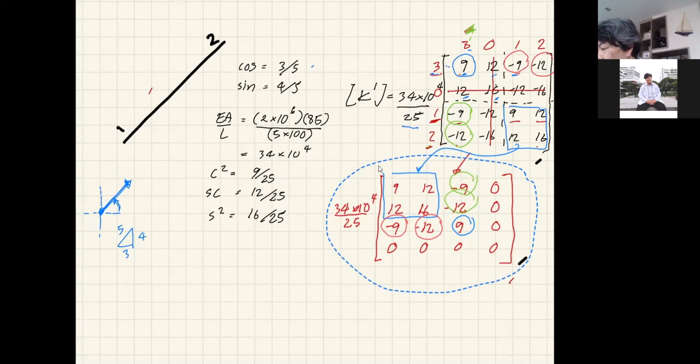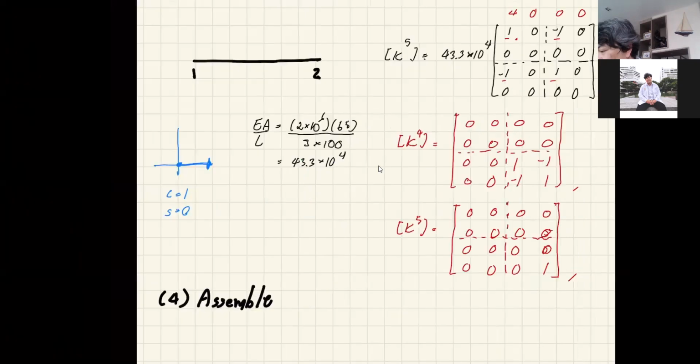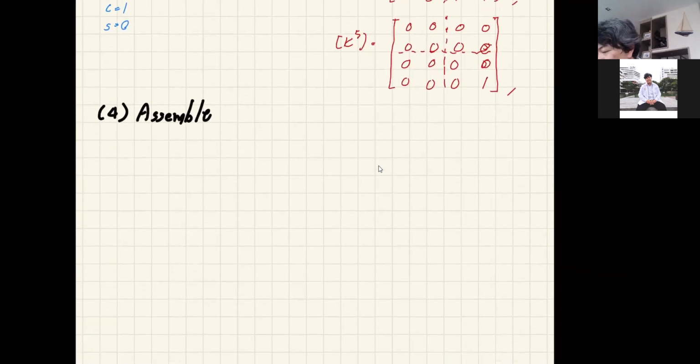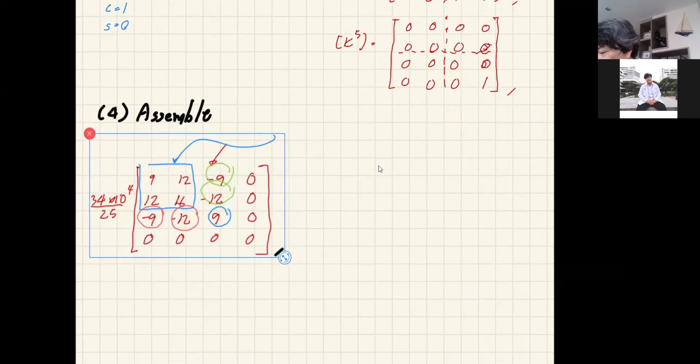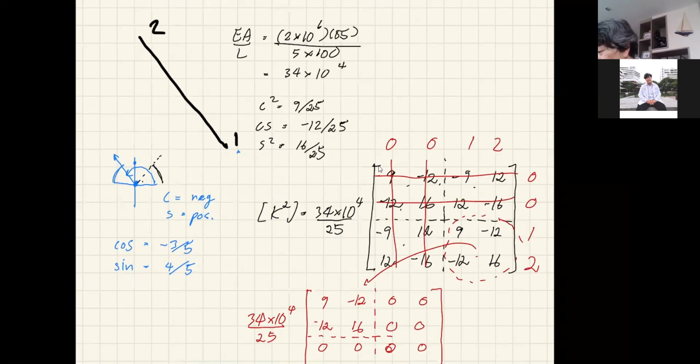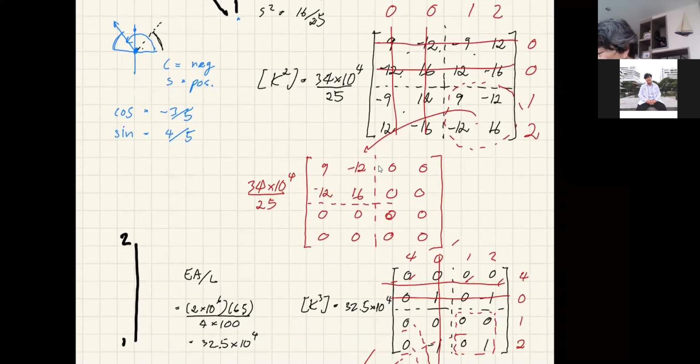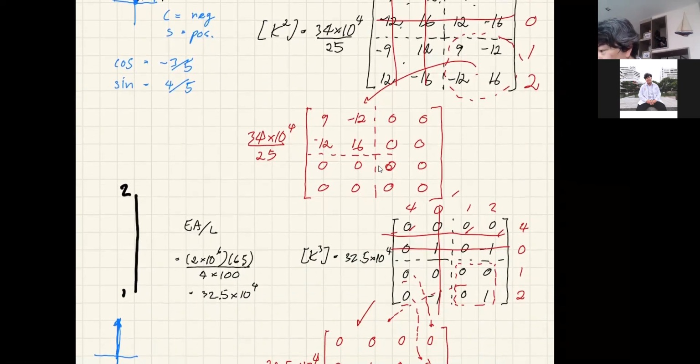Copy, okay. And I can paste it here, I hope. Okay, so that's the number 1. And we can now add this with number 2. That is our 2, yes.